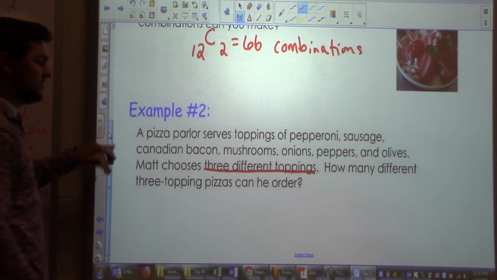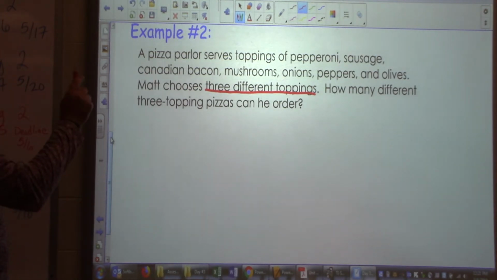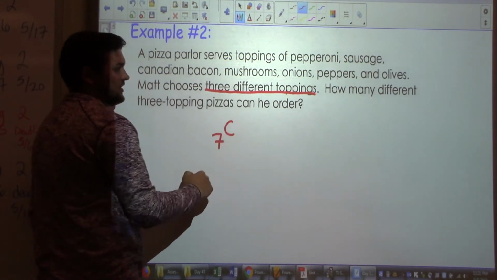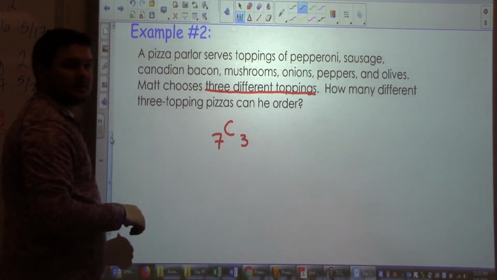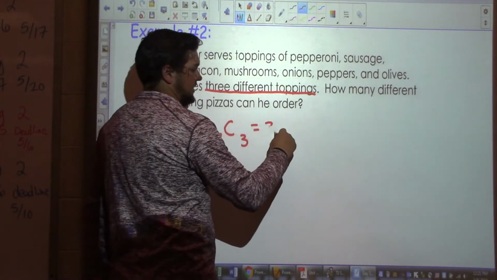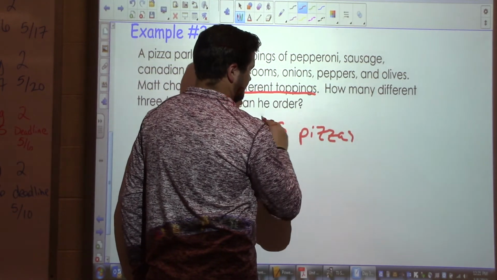So it's a combination, order doesn't matter. How many toppings do I have to pick from? 7. And combination, I'm choosing 3. So 7 choose 3. There are 35 different 3-topping pizzas we can make.